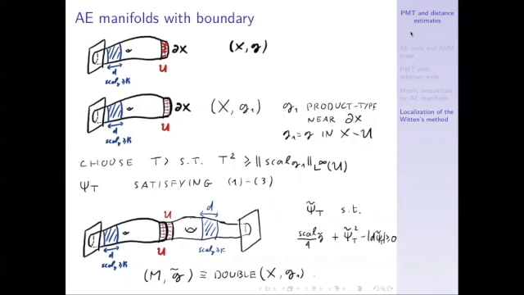Moreover, we extend psi t to the double, and then using properties 1, 2, and 3, we obtain that this condition is globally satisfied over the Riemannian manifold M g tilde. And now, using the perturbed Witten's argument, we deduce that the mass of each end must be non-negative.